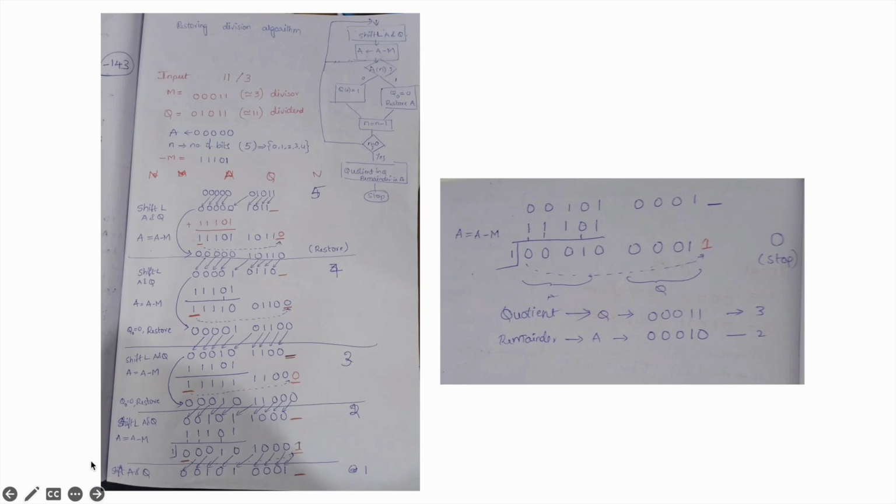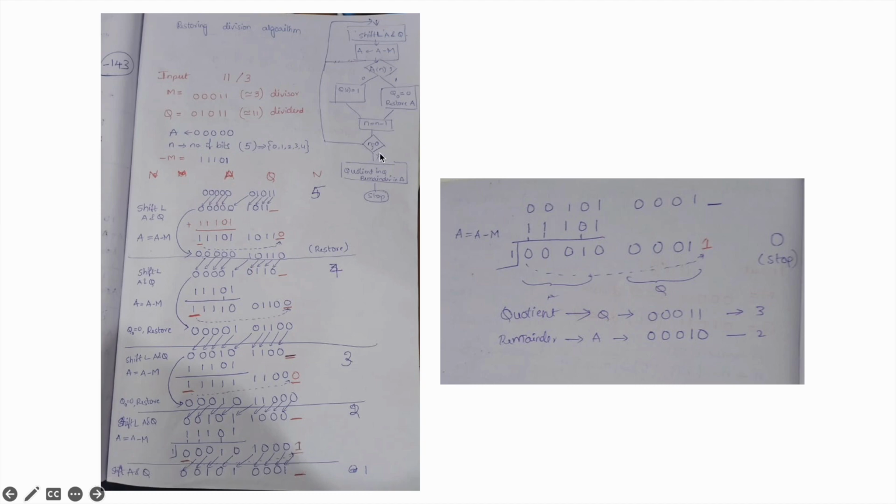This carry is neglected. And what is the nth bit of A? The nth bit of A is 0. If the nth bit of A is 0, Q naught is 1. Because this is a 0, we have to use Q naught as a 1.